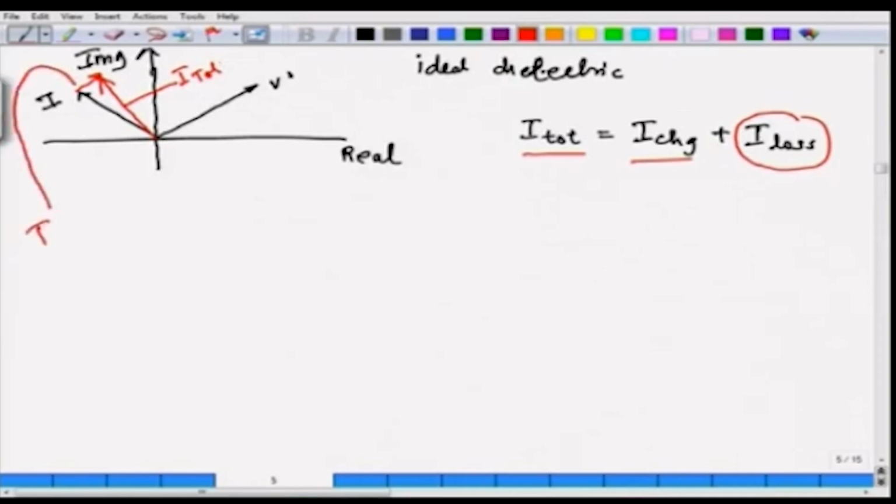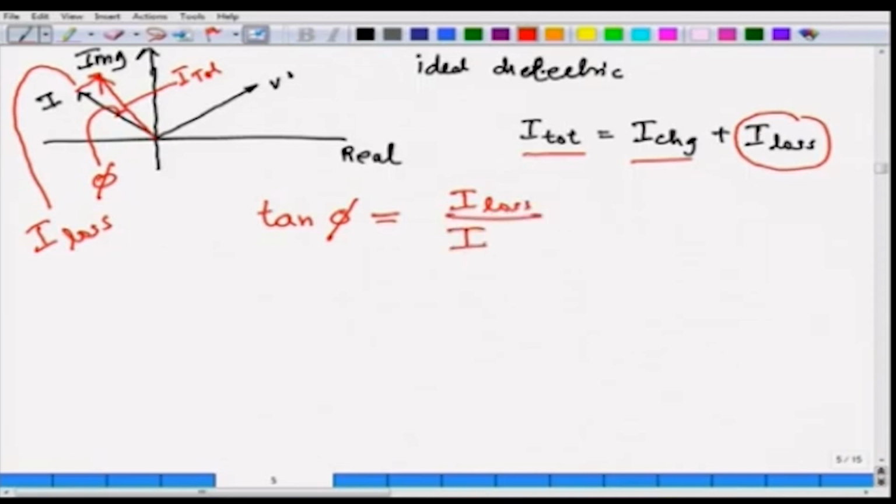And this is I loss. This is the loss current, and in that case we get this angle. Let us define this angle as phi, and this tan phi, or the loss tangent, would be I loss divided by I charging current.